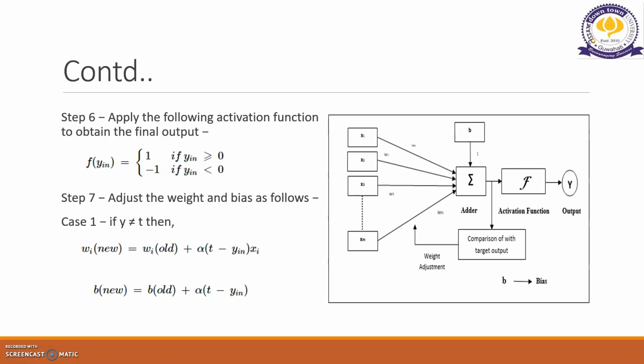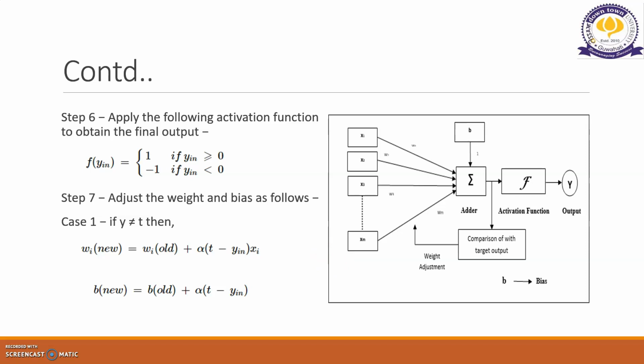Now, after calculating the output, you need to adjust your weight and bias. For that, you have 2 cases. Case 1: your calculated output is not equal to your target value. When there is a difference between your target value and the calculated output, that means the training is not proper.